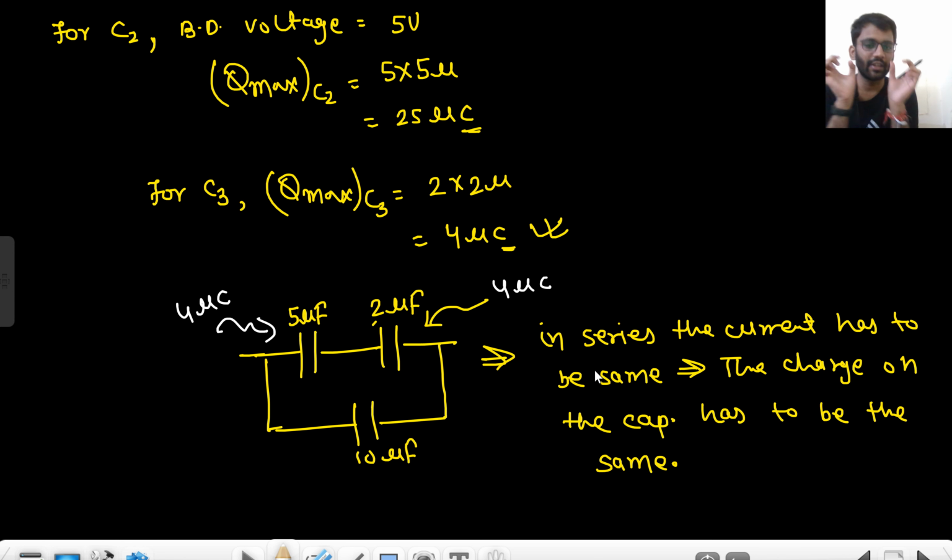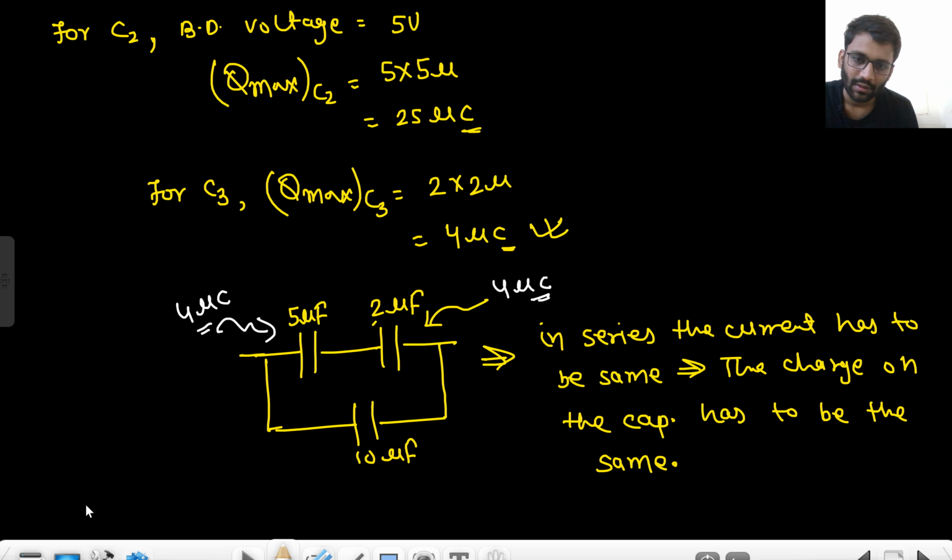If I had given 25 microcoulomb to both, for 5 microfarad it would be fine, but for 2 microfarad 25 microcoulomb cannot be handled, right? So the C3 capacitor can only take 4 microcoulomb. So I am giving 4 microcoulomb to it, so that the 5 microfarad capacitor, that means the C2 capacitor, can also have 4 microcoulomb. Are you getting this point? So this will have 4 microcoulomb, this will also have 4 microcoulomb.